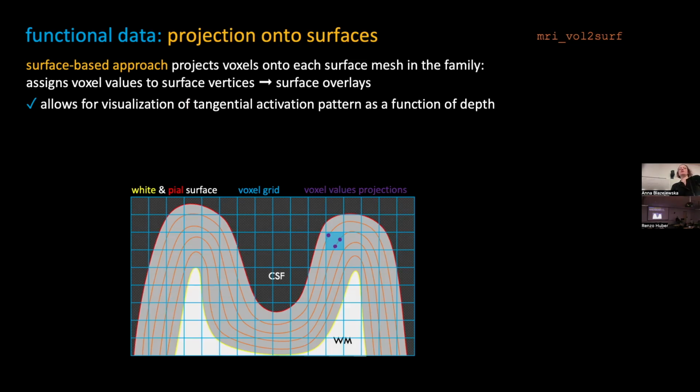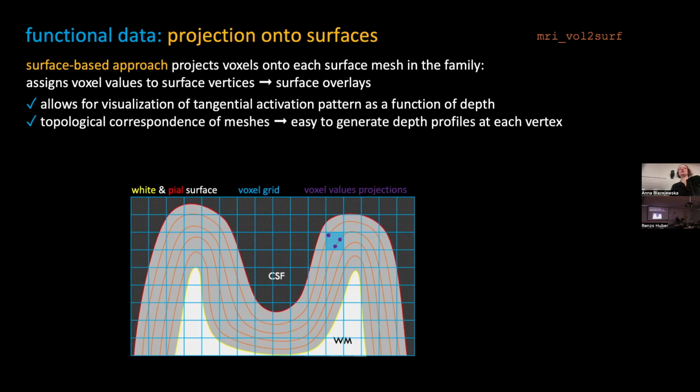And this is a cool method for visualizing the surface tangential activation patterns as a function of cortical depth. Thanks to this topological correspondence that has also been talked about, it's actually easy to generate profiles in specific locations, not inside larger regions of interest.